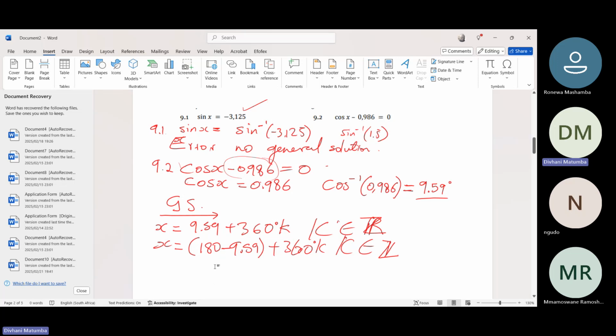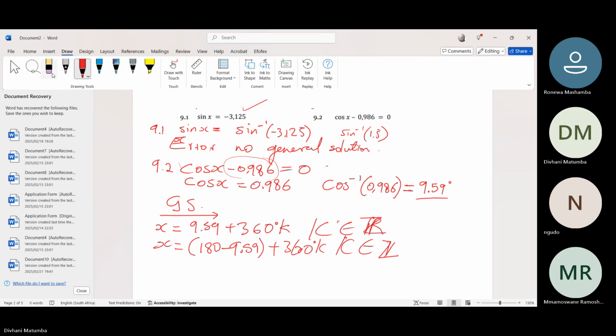So 360 minus the angle will give us 350.41. So it'll be 350.41 plus 360 degrees k, the element of all integers. That's fine.